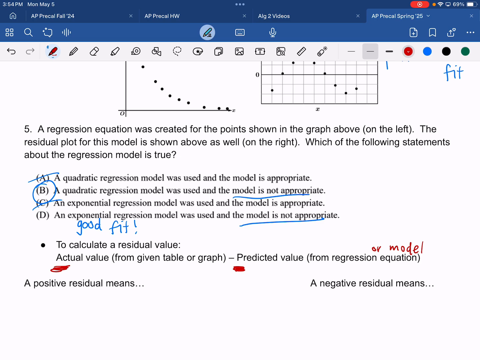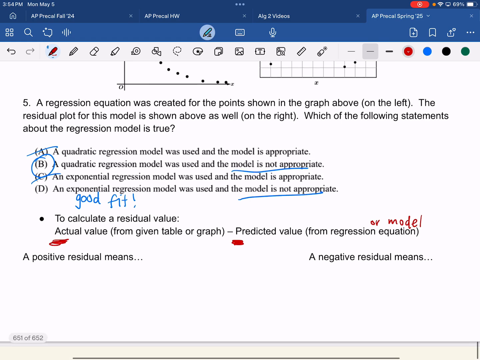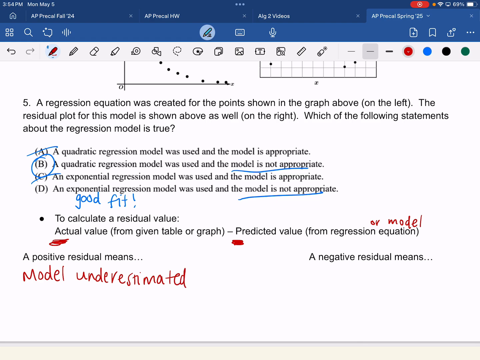If you get a positive residual, what does it mean about our prediction? It means it's an underestimate. So the model underestimated because the predicted was smaller than the actual amount. A negative residual means that the model overestimated.